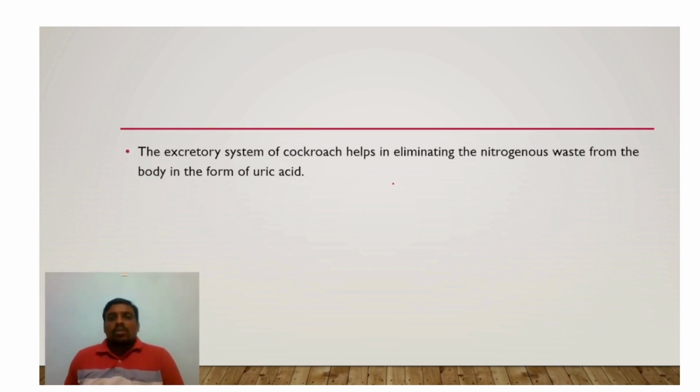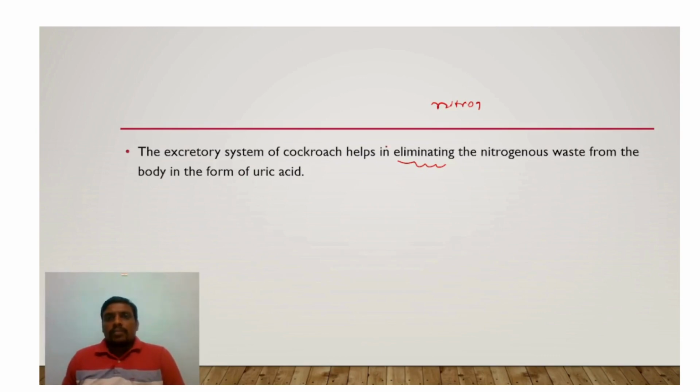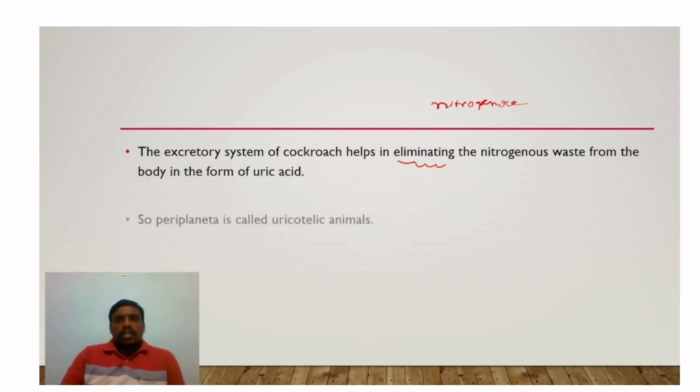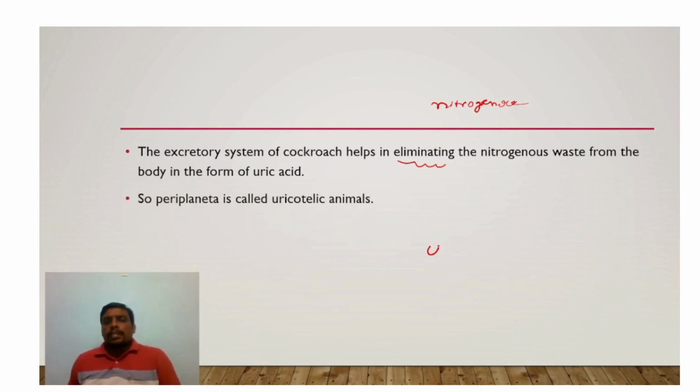The excretory system of a cockroach helps in eliminating nitrogenous waste from the body. Here it helps to eliminate basically uric acid. So Periplaneta americana is considered a uricotelic animal.